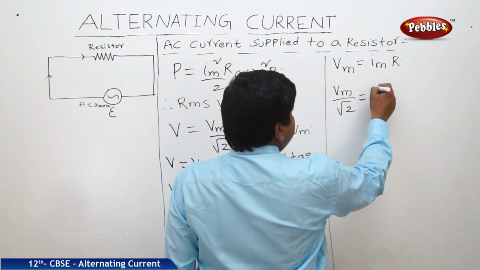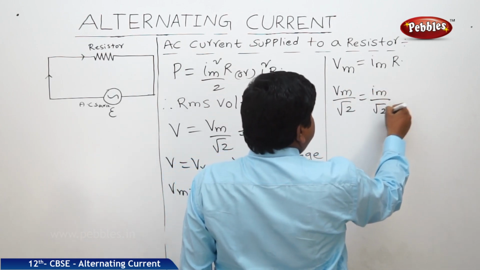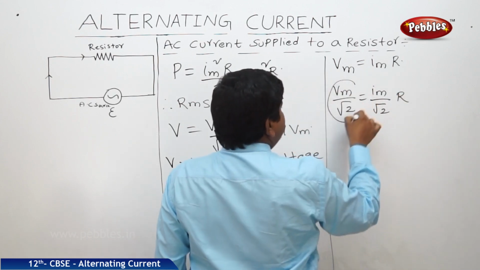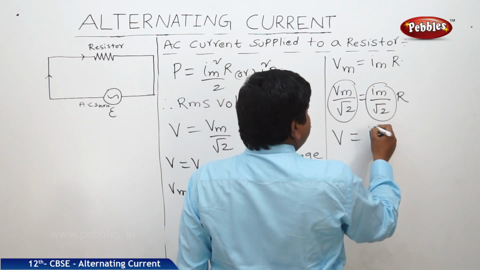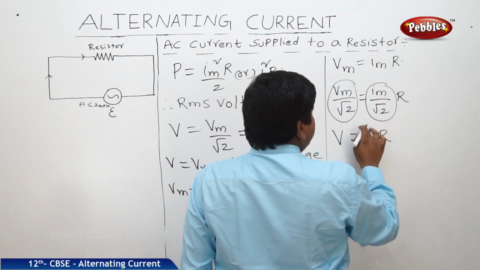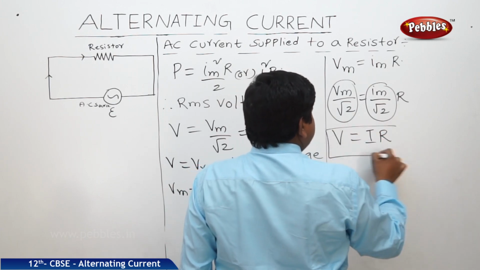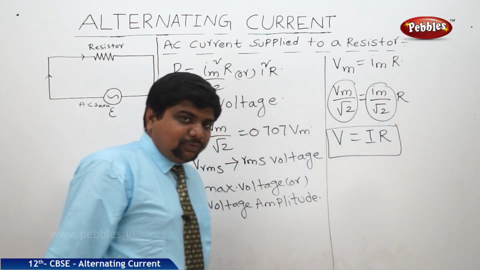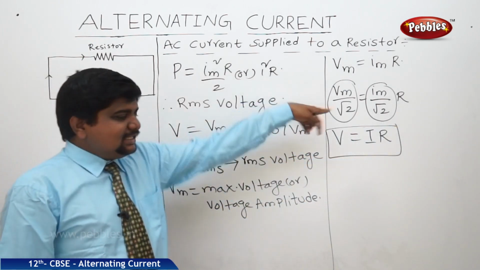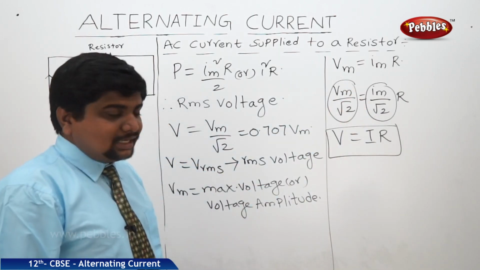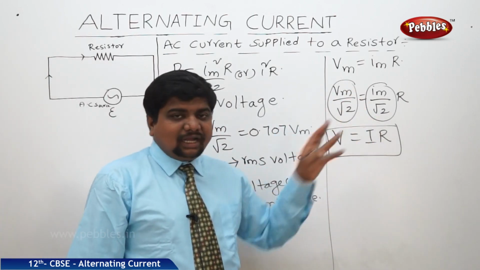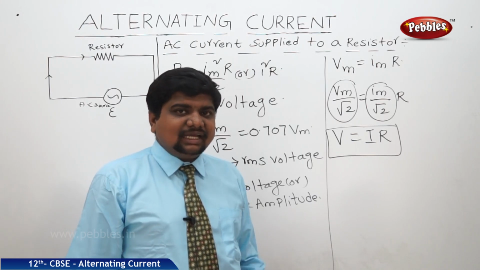Vm by root 2 is equal to Im by root 2 into R. Vm by root 2 is nothing but Vrms, and Im by root 2 is nothing but Irms, into R. So we can prove Ohm's law in AC current with respect to the maximum voltage and maximum current, and from that we can find out RMS voltage and RMS current.